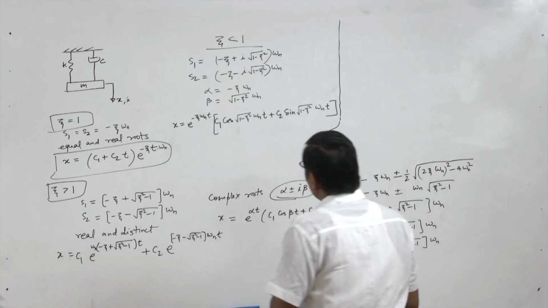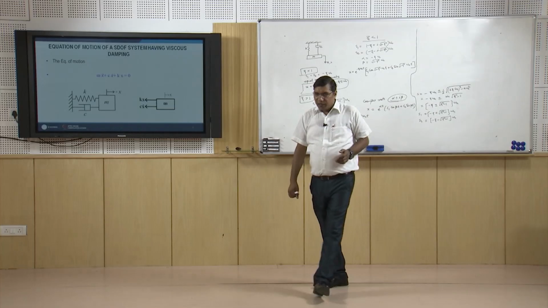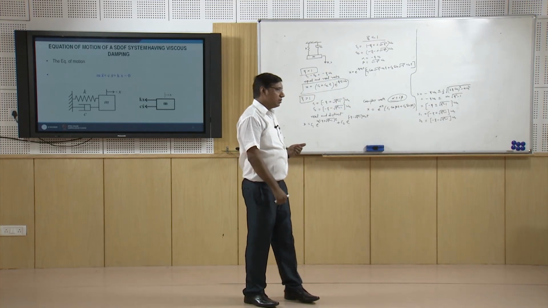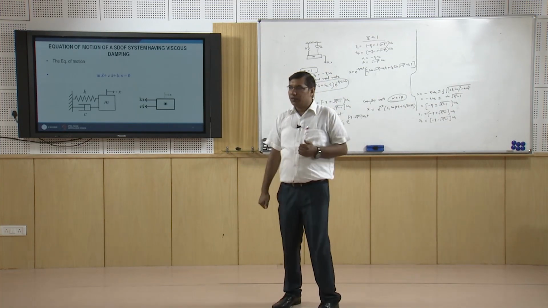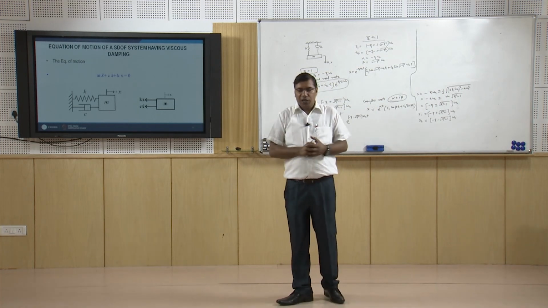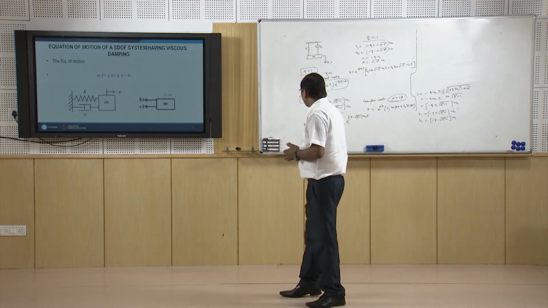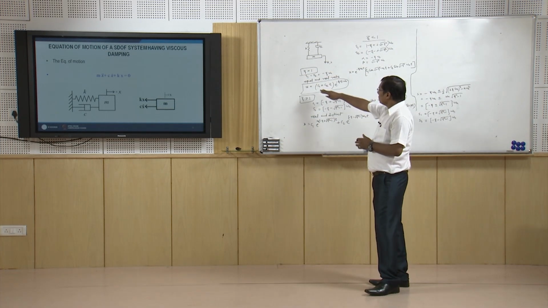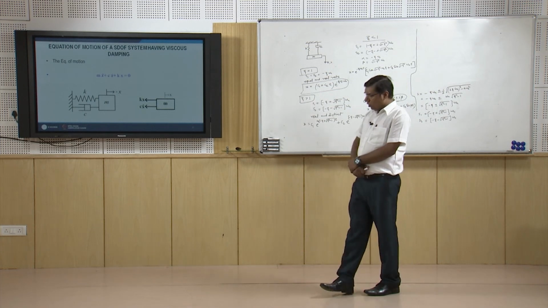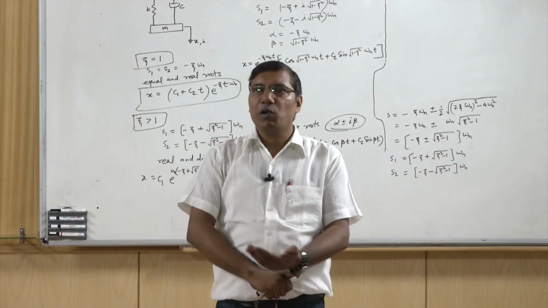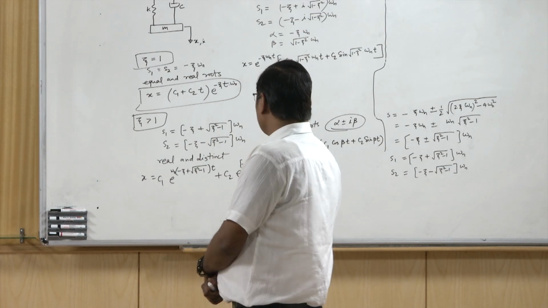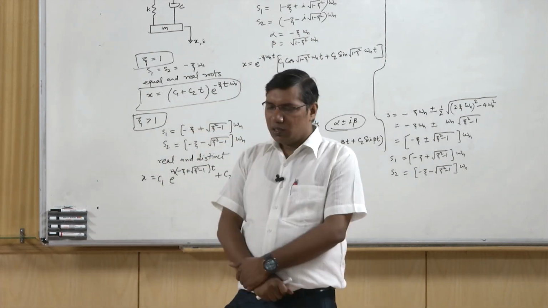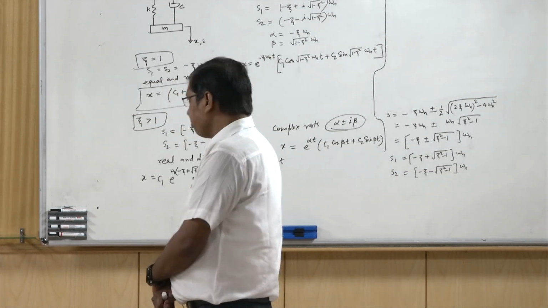So here we have reached three conditions based on the damping factor zeta. For zeta equal to 1, we get equal and real roots, and the response of the system is x equal to C1 plus C2 t, into e power minus zeta omega n t.